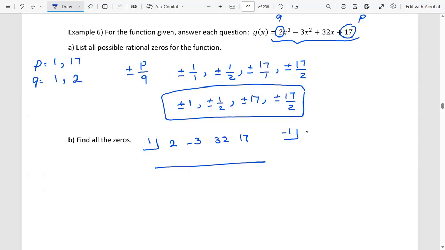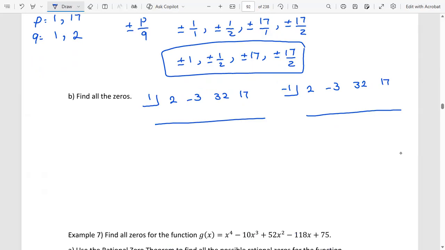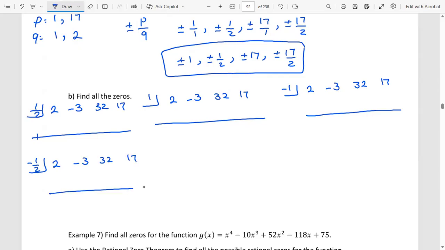Divide by -1. Divide by +1/2. -1/2. Divide by 17. -17.